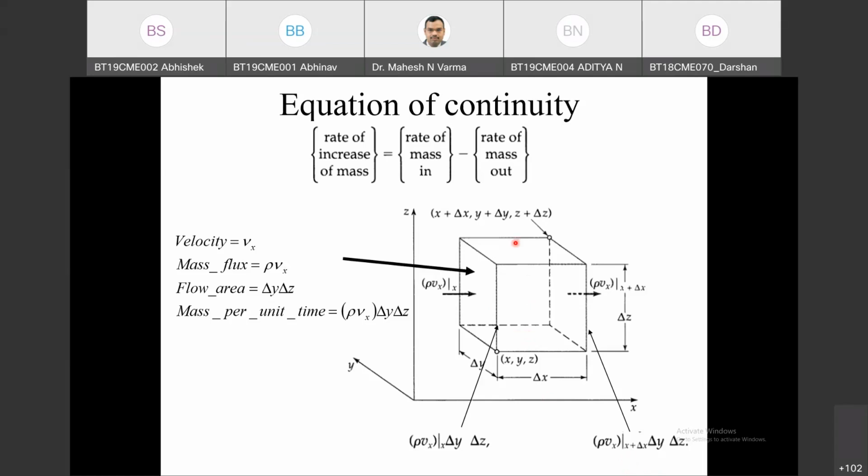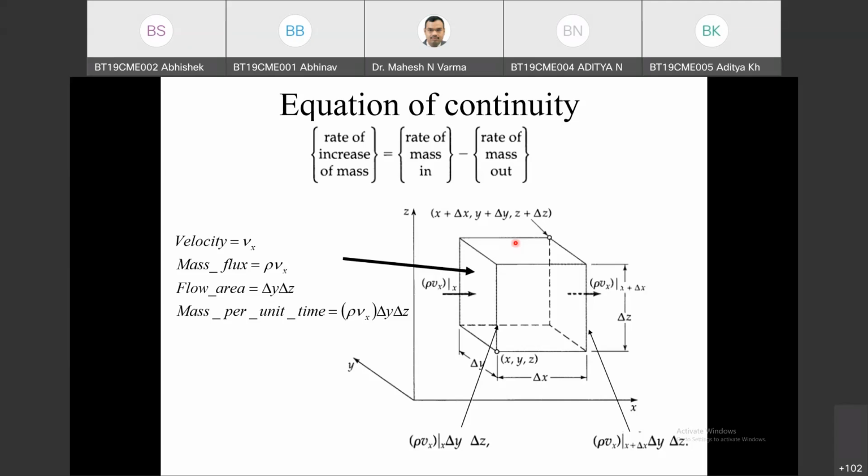Roll number 5, Aditya. What will be the rate of mass coming in Z direction and going out in Z direction? In Z direction, we'll have velocity Vz, so mass flux will be rho Vz.